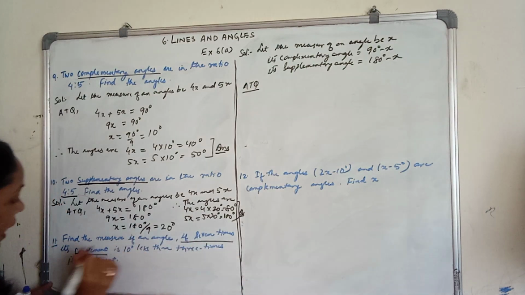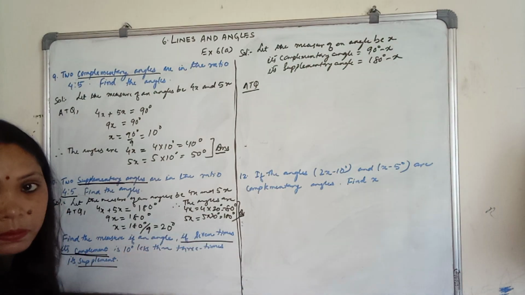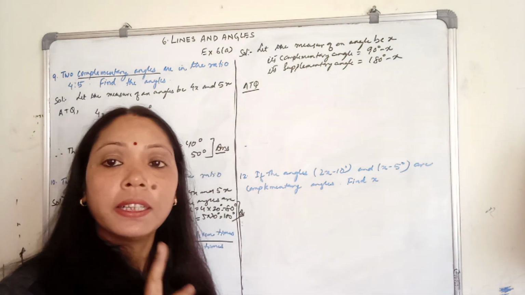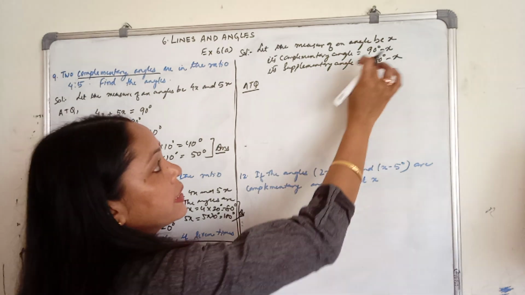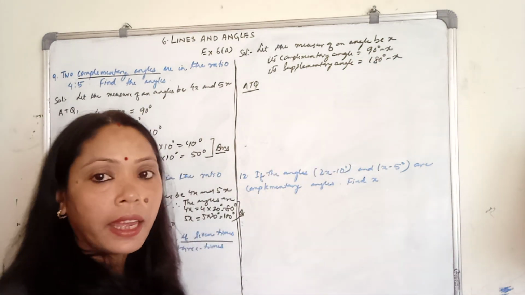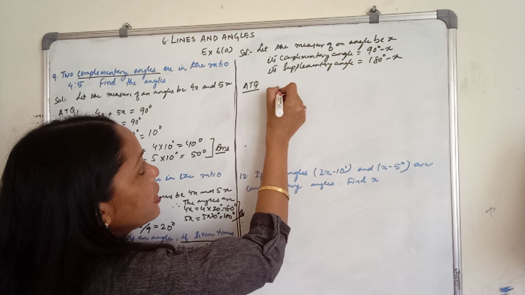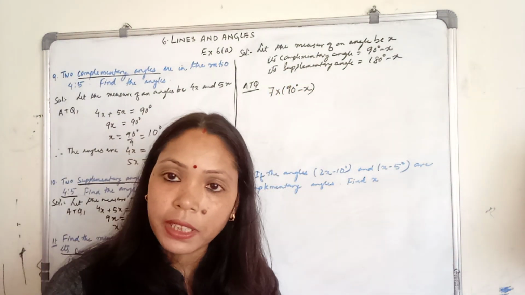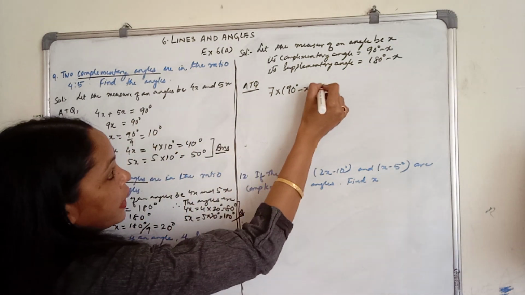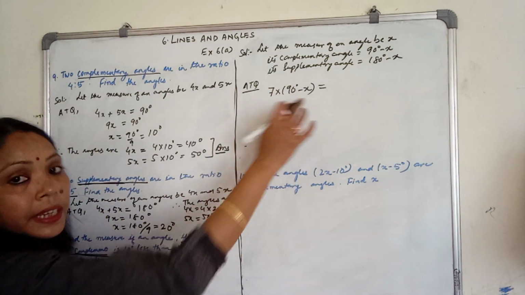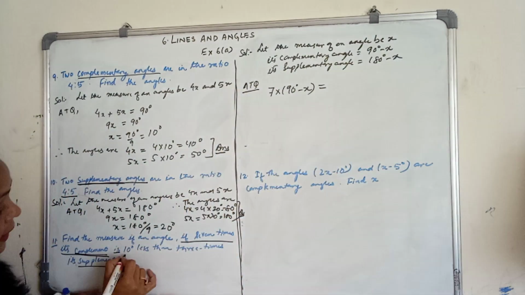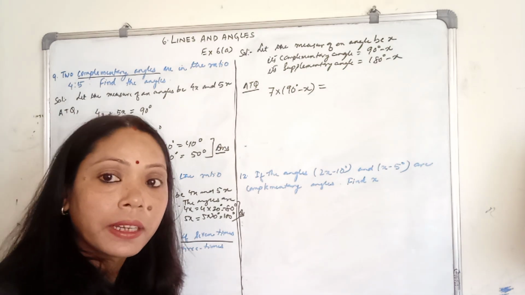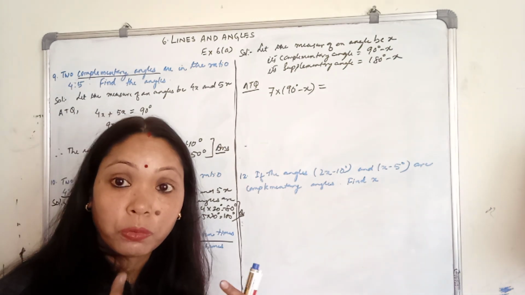7 times its complement, 7 times means multiply. 7 times its complement, which is the complement? 90 degree minus x. So 7 into 90 degree minus x. 7 times its complement is equal to 10 degree less, means minus 10, but minus 10 to which factor?